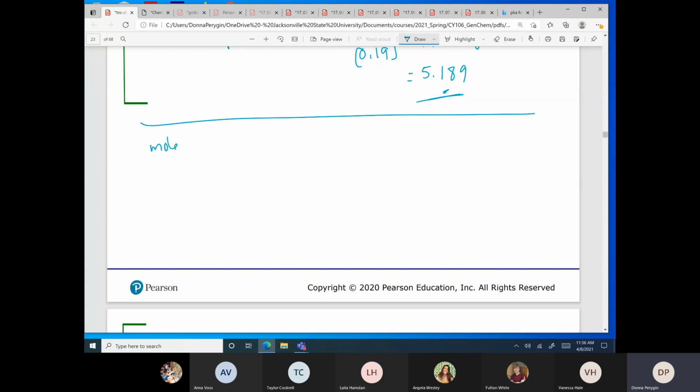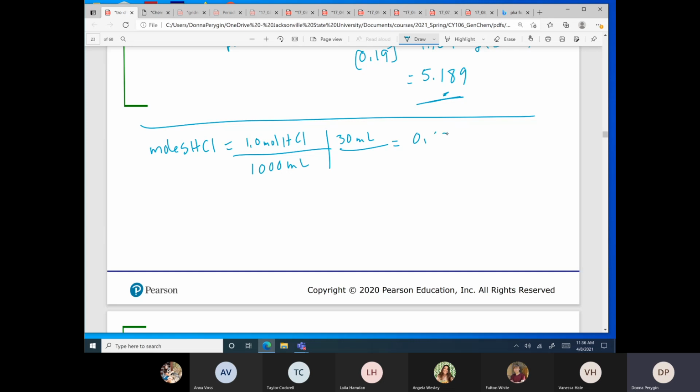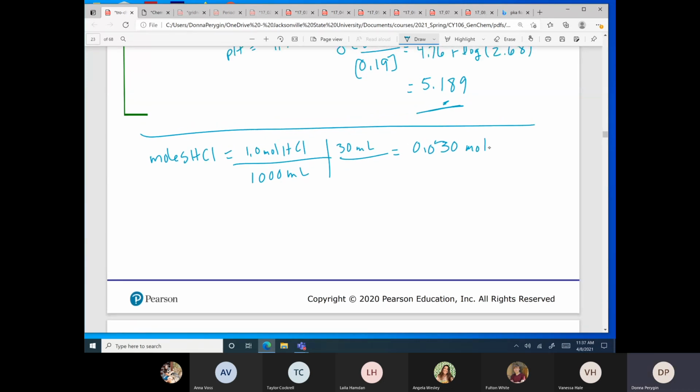Moles of HCl equals 1 mole of HCl per 1,000 milliliters, and we've got 30 milliliters. So that is equal to 0.030 moles of HCl.